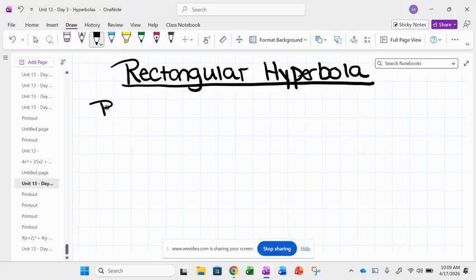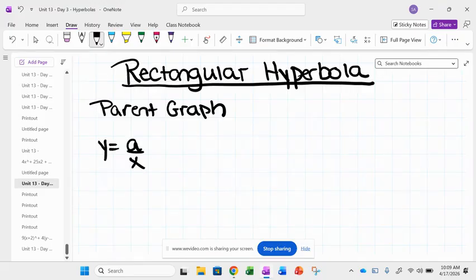And the parent graph for a rectangular hyperbola is y equals a over x.